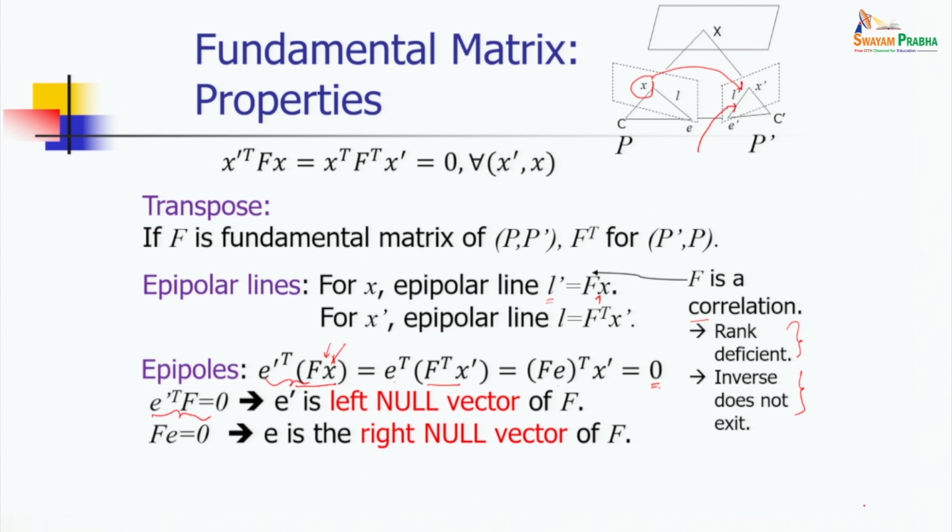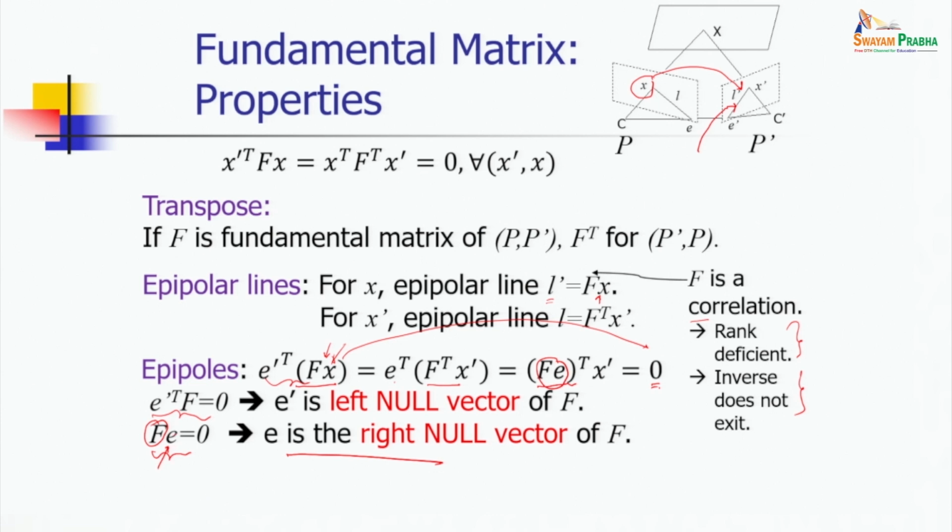So since this is 0, then E prime transpose F is 0, or even Fe should also be 0. So this shows that since F is singular, E is the right null vector, because E is the right operand of this matrix operation.